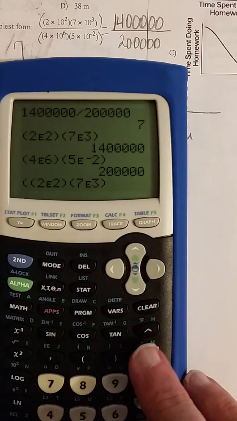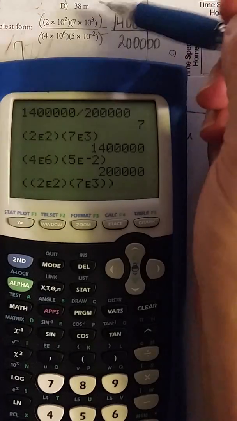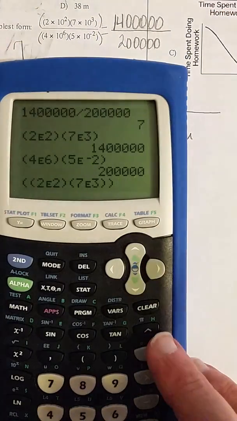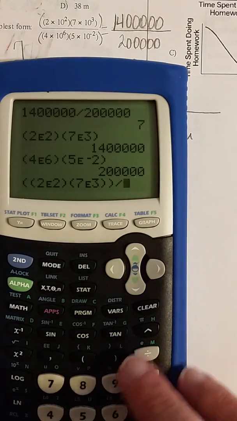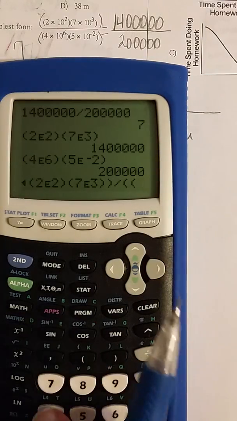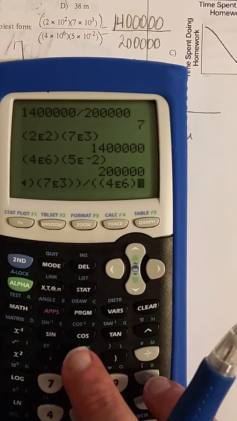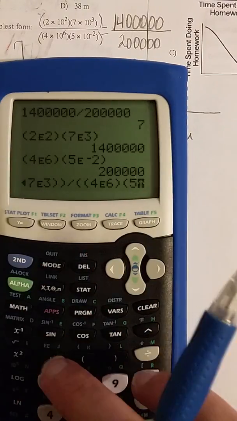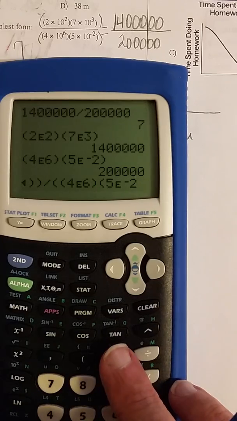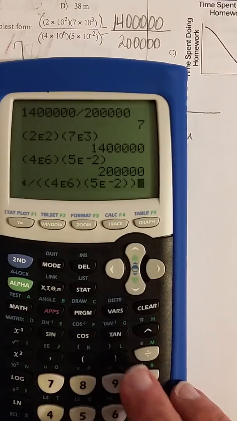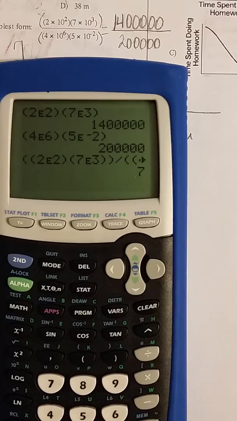This is where I would do my second set of parentheses, because it's right after that. Then I would divide, put open parentheses, 4E6, close parentheses, times 5E negative 2, close parentheses, and then I close parentheses again at the end. When I type it in, I still get 7.